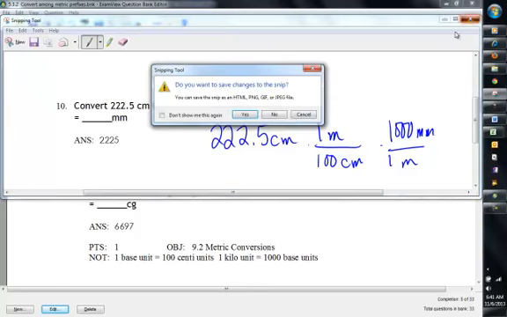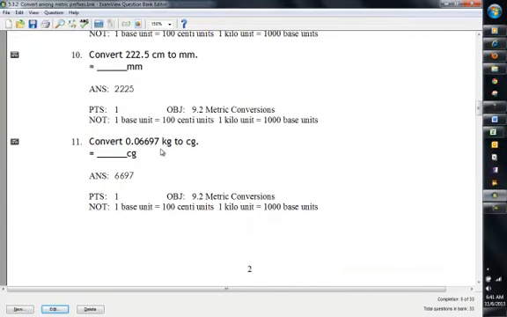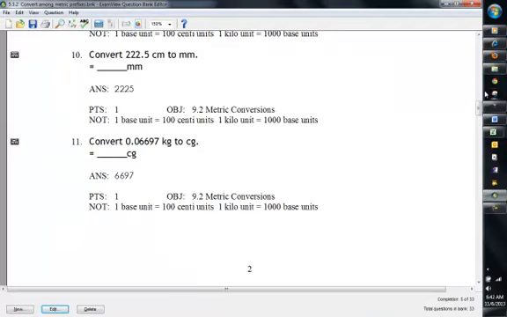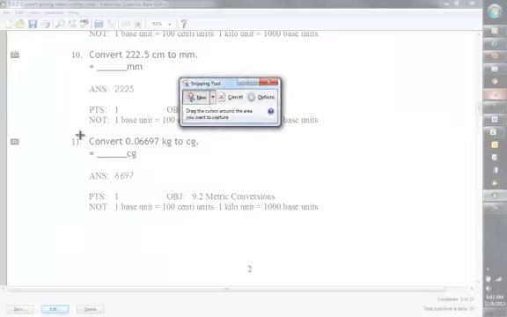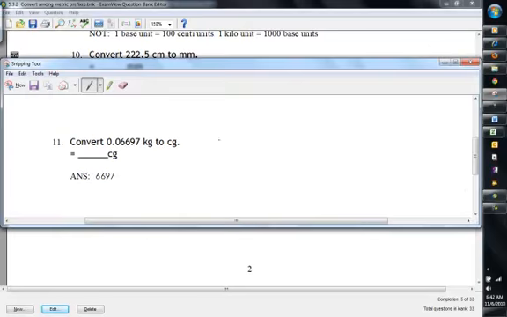All right, next one. Go from kilograms to centigrams. Kilo is here, so 3 places to here and 2 more places makes a total of 5 places. We're going to move the decimal point 5 places to the right. 1, 2, 3, 4, 5 makes 6697 centigrams.